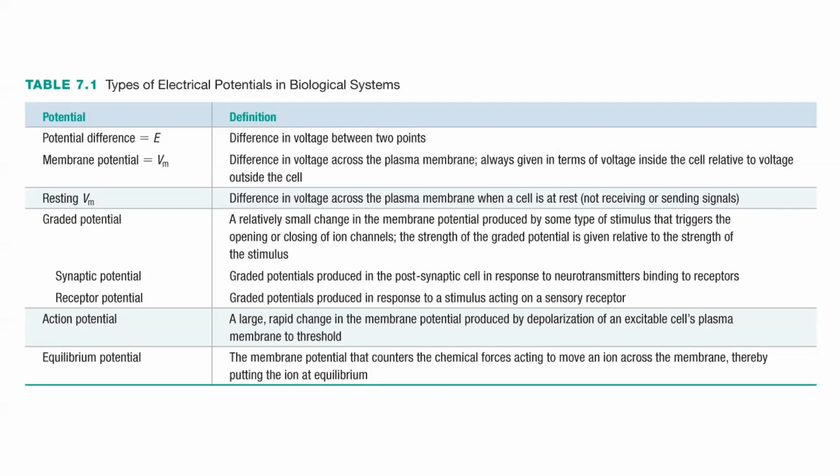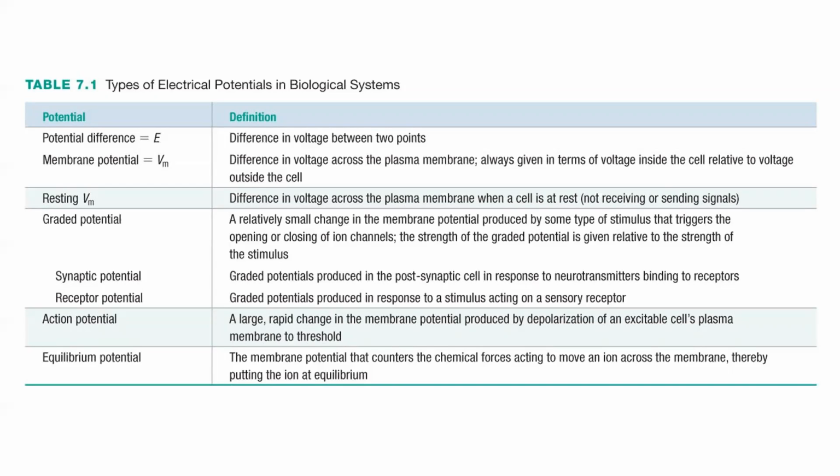We can also speak about the resting membrane potential. That's what we're describing today. What the membrane potential looks like when the cell is at rest, when it's not receiving or sending any signals. We'll eventually speak about graded potentials and action potentials, which are more substantial changes to the membrane potential that create this large influence, this large ability to do work. More specifically, the action potential.